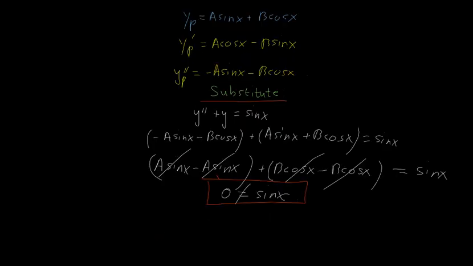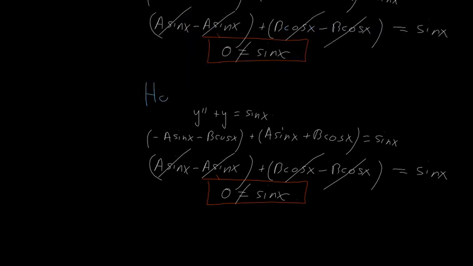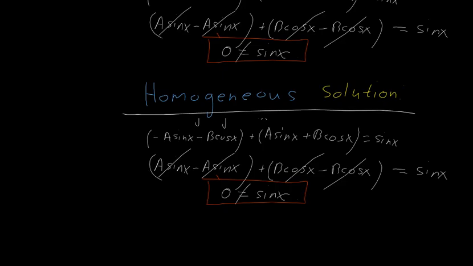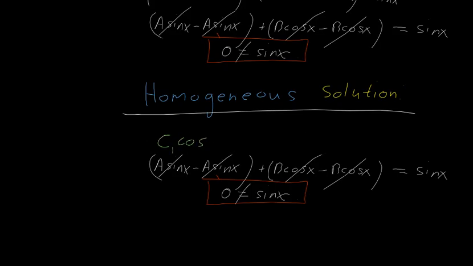The homogeneous solution that we had was C1 cos x plus C2 sine x, and this was equal to y sub h. That's the homogeneous solution.